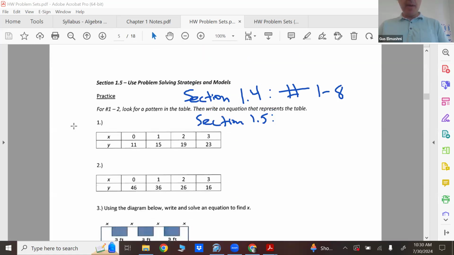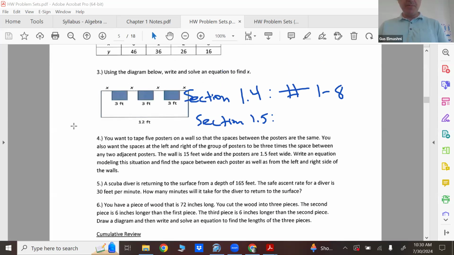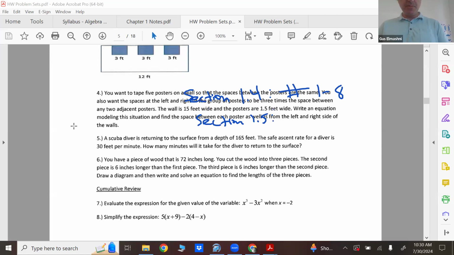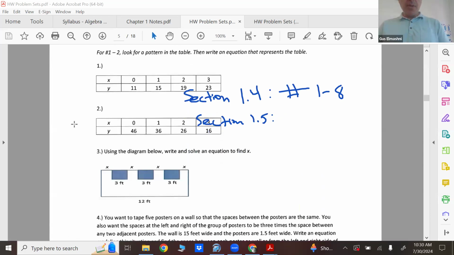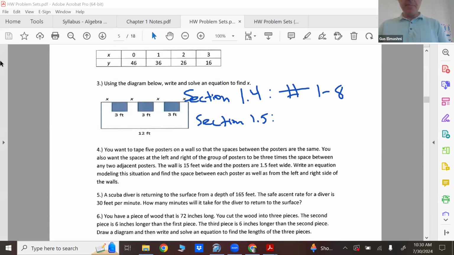In section 1.5, let's do numbers 3 through 8. So it's 14 total problems. I totally think you guys can tackle this in the time we have left. And the answers are here. Work with each other, help each other out.